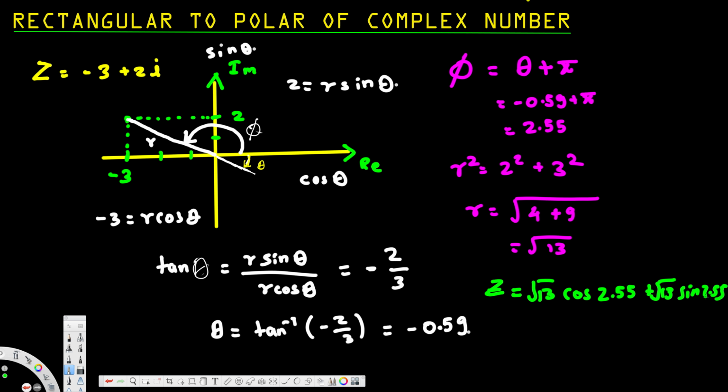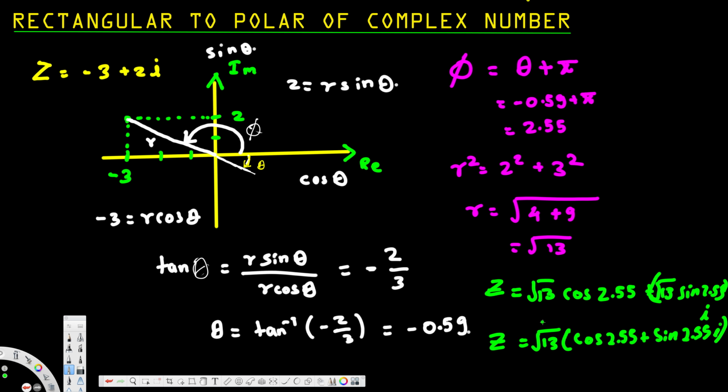And since the y-axis is the imaginary part, we have to put an i. Here we can simplify by taking the square root of 13 common, which gives us square root of 13 times cos 2.55 plus i sin 2.55.